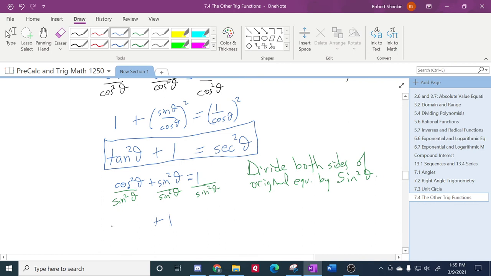Cosine over sine is cotangent. 1 over sine squared: 1 over sine is cosecant, so this is cosecant squared. This is the other one. Tangent and secant are related like this. Cotangent and cosecant are related.